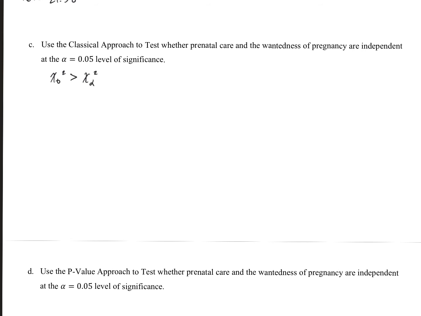In order to find that, though, we need to know our degrees of freedom. The degrees of freedom is equal to r minus 1 times c minus 1. Remember we discovered earlier that r was 3 and c was also 3, the rows and columns. So we end up with 2 times 2, which is 4. So our degrees of freedom are 4. Let me go ahead and insert our table here.